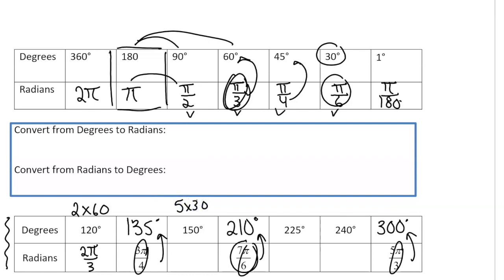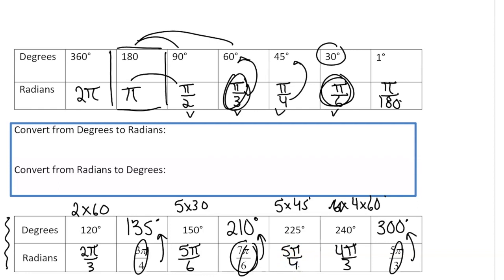So you could say 30 degrees was pi over 6, so I have 5 pi over 6, and so on and so on. So here's 5 groups of 45, and here's 4 groups of 60. And so then you could say that would be 4 pi over 3, and this would be 5 pi over 4.